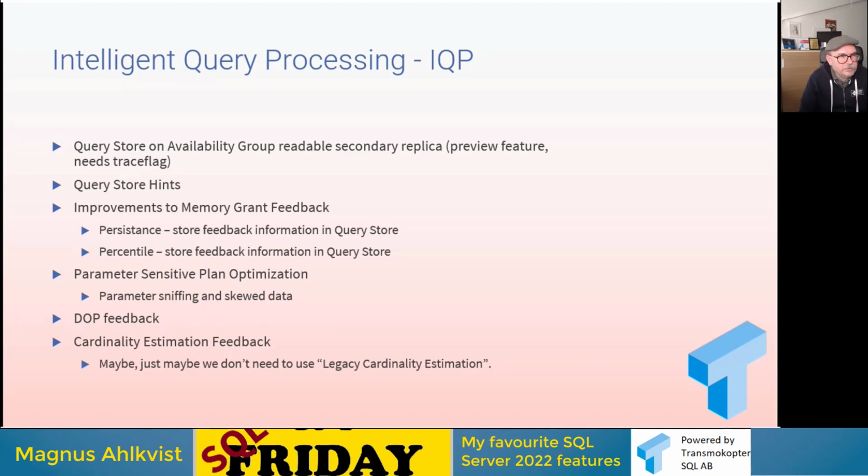Another thing also using Query Store is parameter sensitive plan optimization. What does that mean? Well, that means if you have a skew in your data, my favorite example is you have one customer with 1 million orders and 1 million customers with 1 order each. It's an extreme skew.